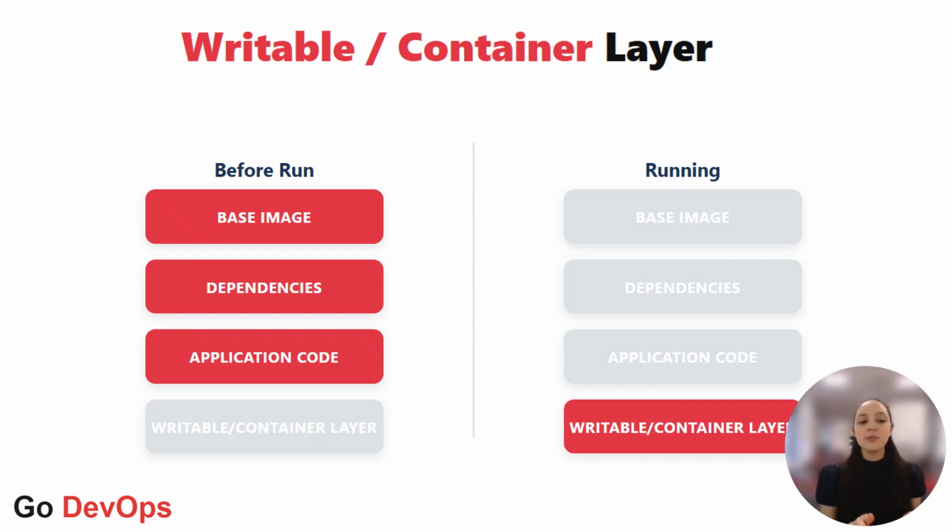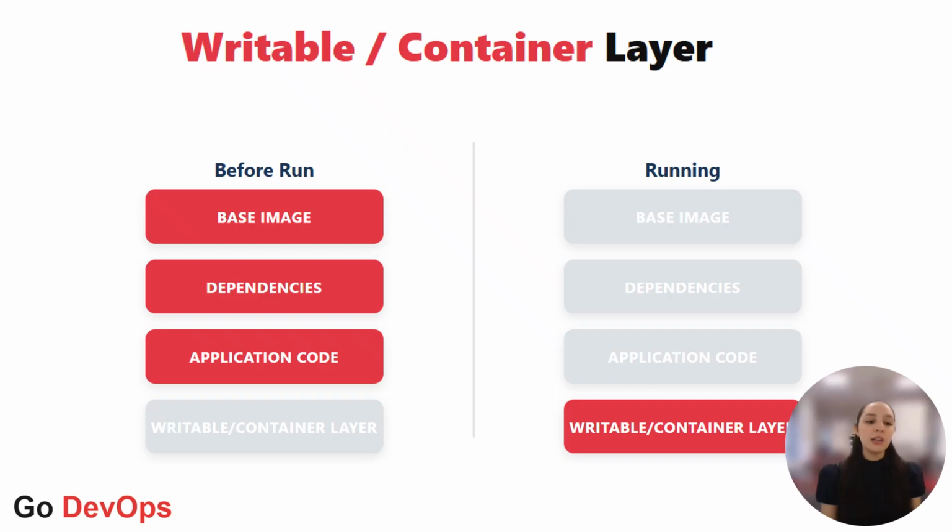Of course, this also means that the writable layer isn't meant for long-term storage, and it can also be tricky to extract data from it, since you can't easily access those files directly from the host system, and you can't share them with other containers.